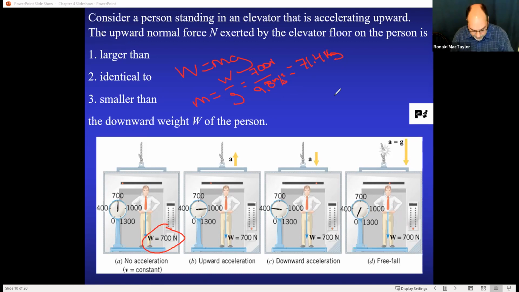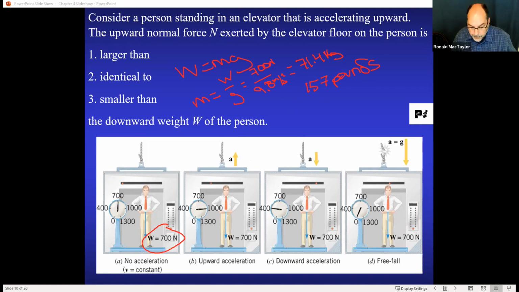A kilogram is 2.2 pounds, so 71.4 times 2.2: this person weighs about 157 pounds. So a totally normal sized human being, but we're saying that they weigh 700 newtons, which sounds like madness. So just kind of keep that in mind.